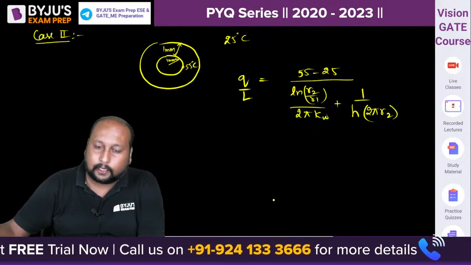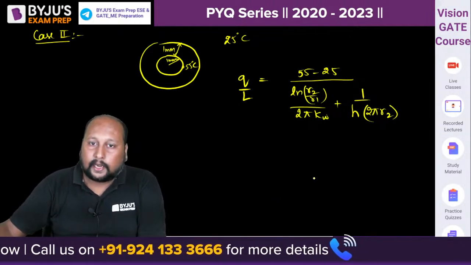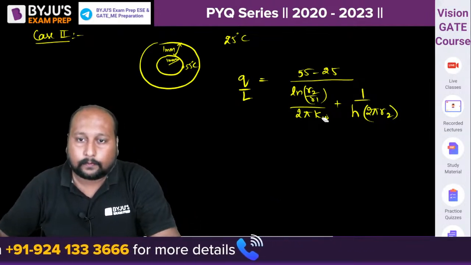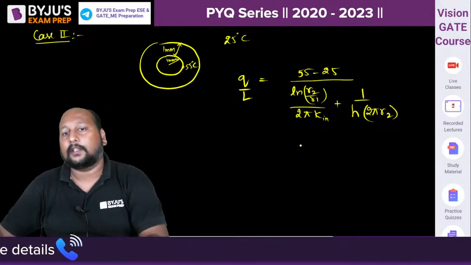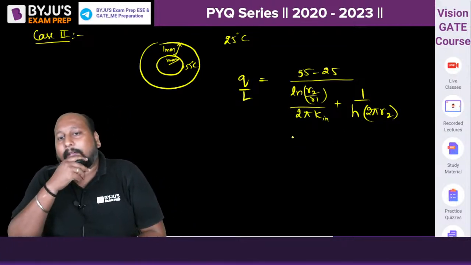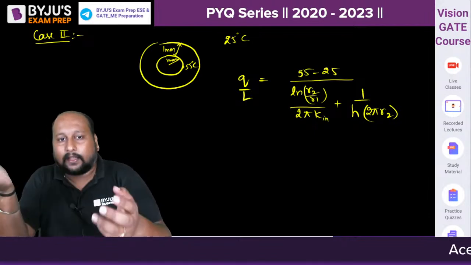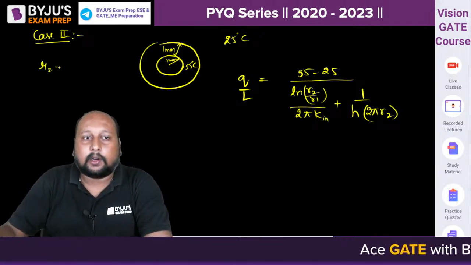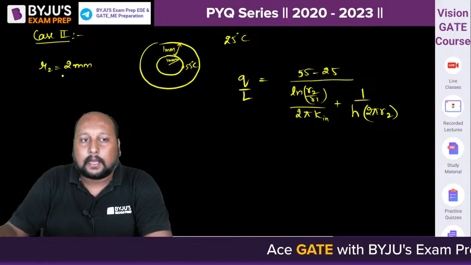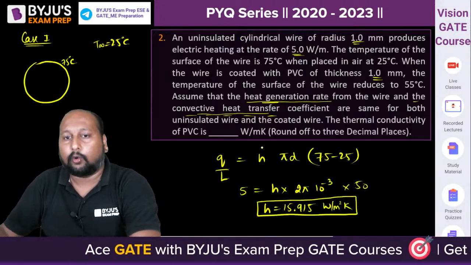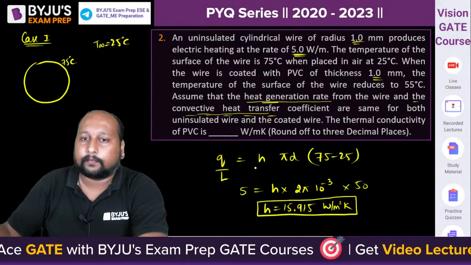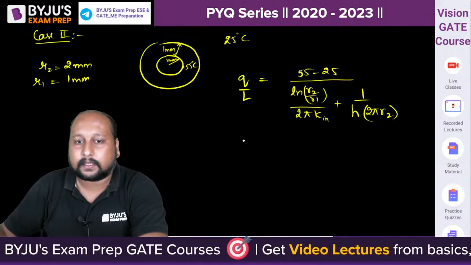Not the wire, this is the PVC. This is your insulator. So tell me what is the value of K insulator? Everything is given. R2 is equal to 2 mm, R1 is equal to 1 mm. So this Q by L is given as 5, since the heat generation is the same.